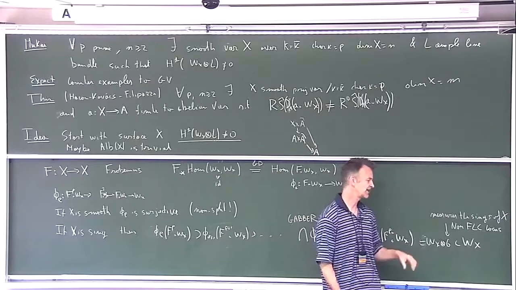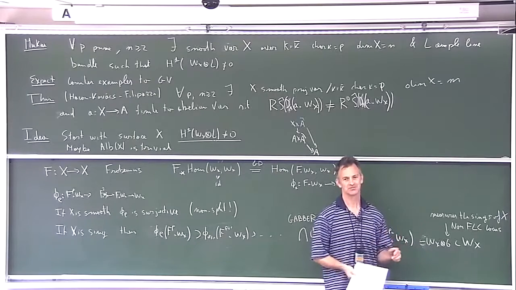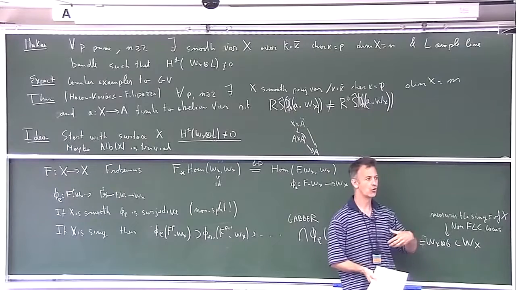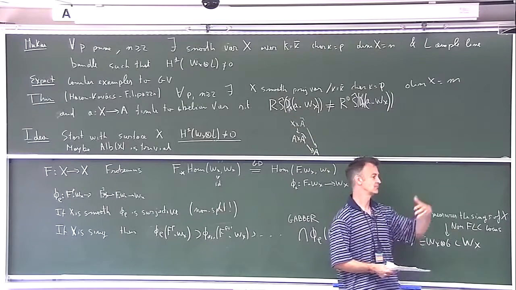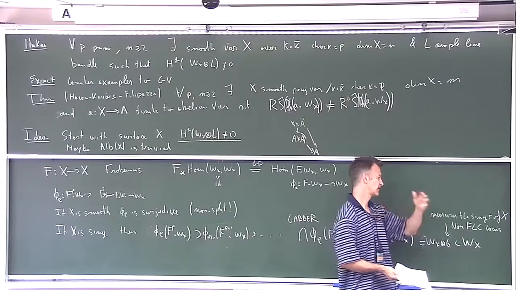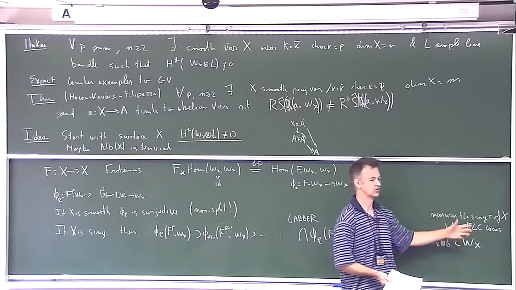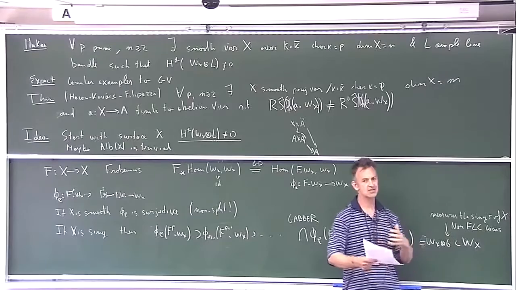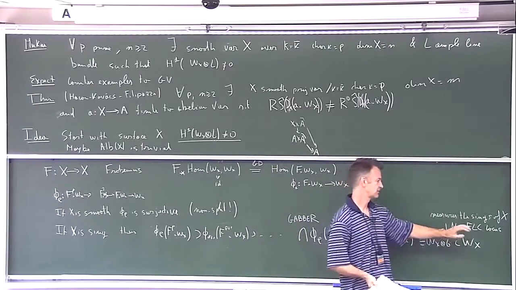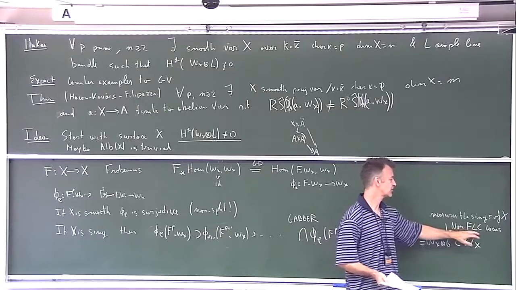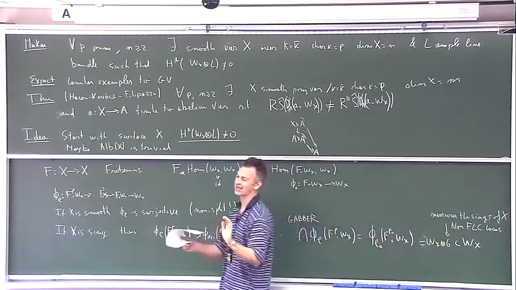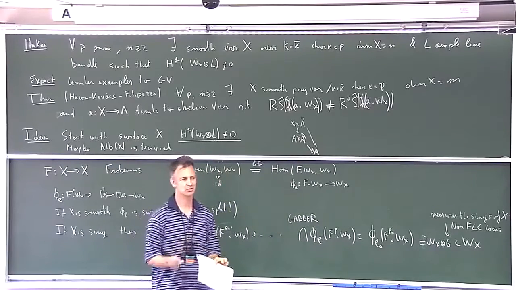In characteristic p, almost, not quite on the nose. Something in characteristic 0, for infinitely many p's, maybe this corresponds to the non-log canonical locus. There is a dictionary like this, but it's a bit vague. So let me just call it, it's supposed to remind you of the log canonical locus, and I put the F in front to tell you that it's not exactly the same thing. It's just intuition.